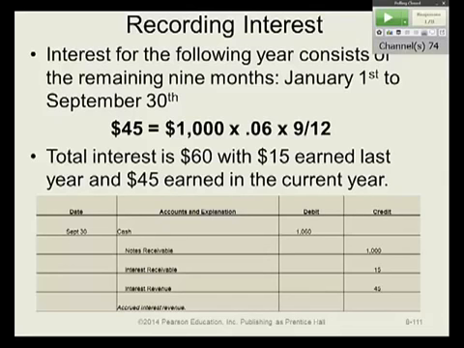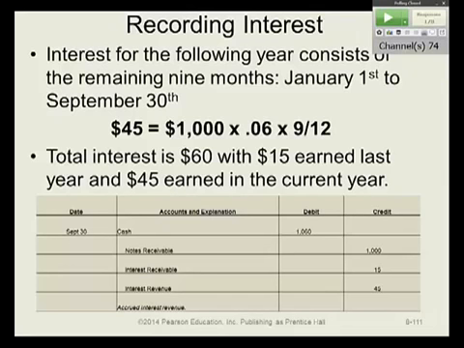Okay, you collect the $1,060, which includes the note receivable of $1,000, the interest revenue for this period of 45, and the interest receivable for 15.